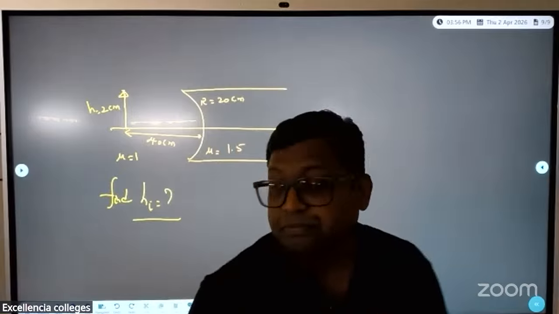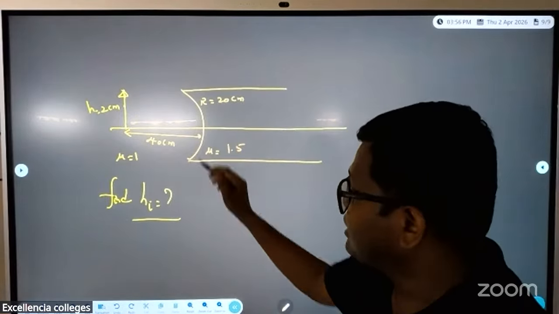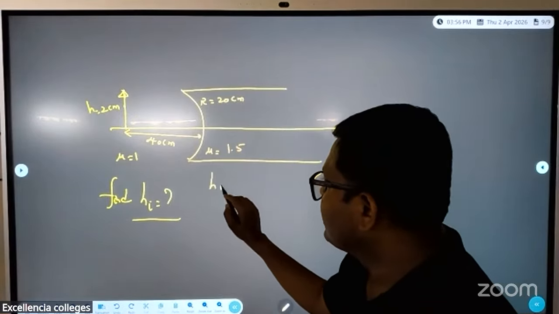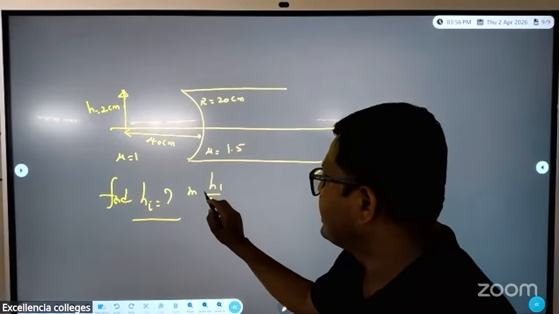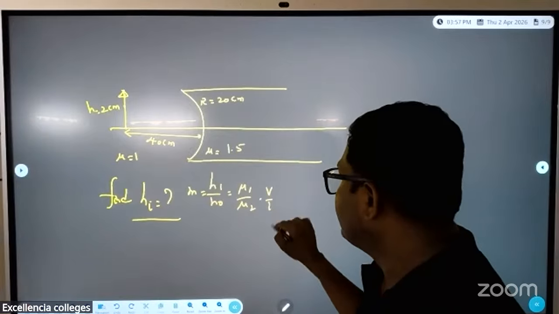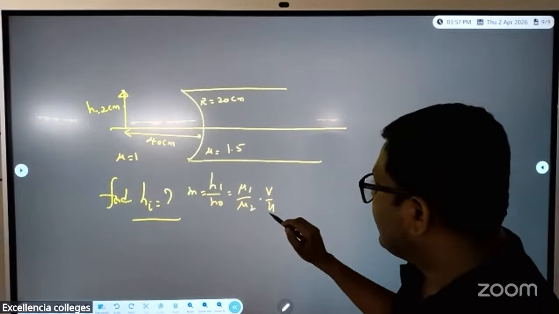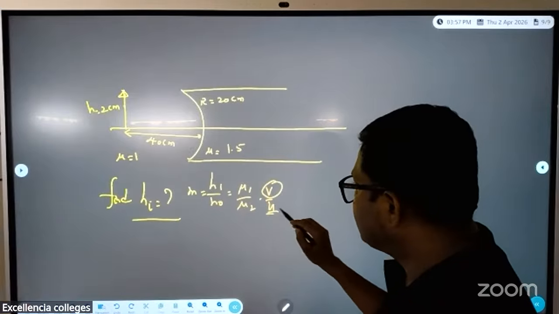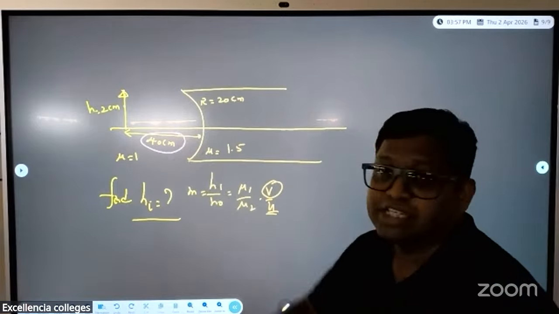So what is image height? We already are comfortable with the formula. Height of the image by height of the object is the magnification, which is given by mu1 into v divided by mu2 into u. Object distance is already mentioned, which is 40 centimeters.